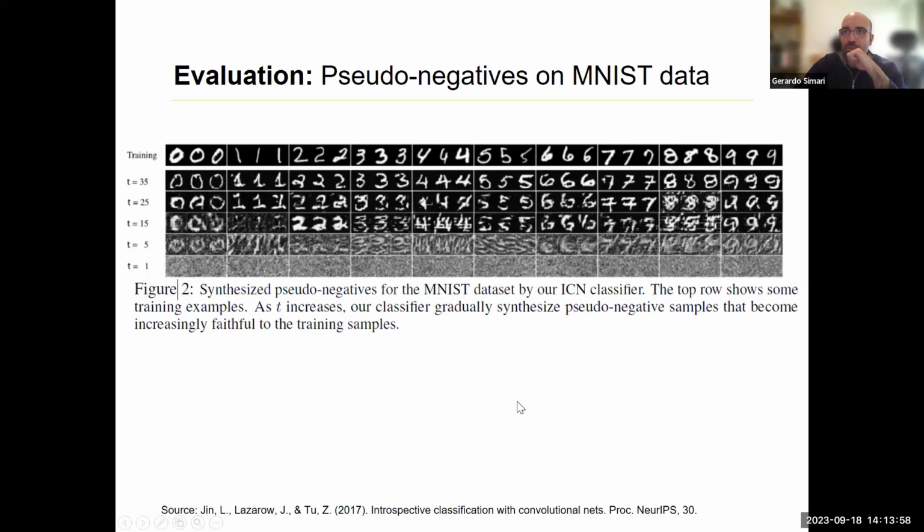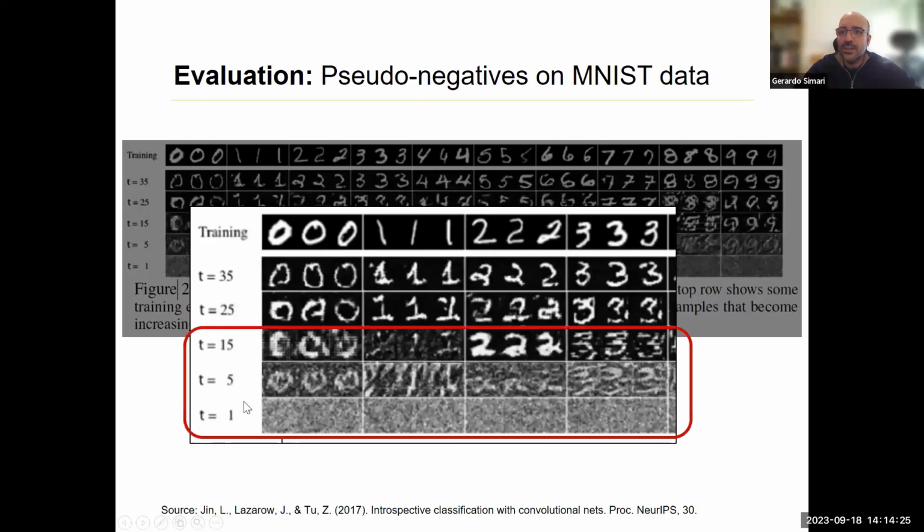This is what I wanted to get to, because I think it's very interesting. This is for the MNIST data with the ICN classifier. The training data, of course, is the well-known data set on digits. You have 10 classes from 0 to 9, and a few different examples of each. What's going on here is that this is going from the first iteration up. First, you can see that it's just noise at the beginning.